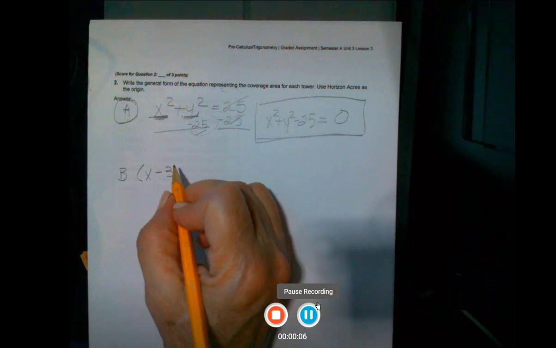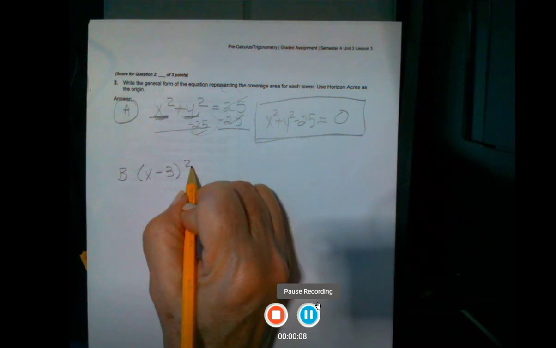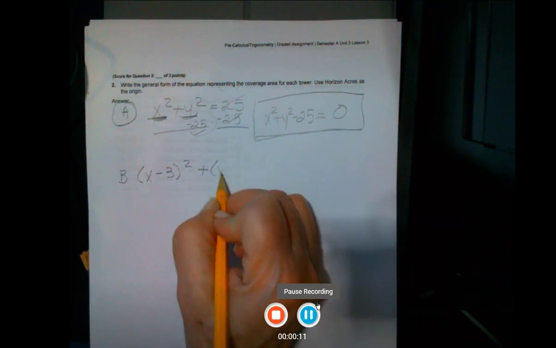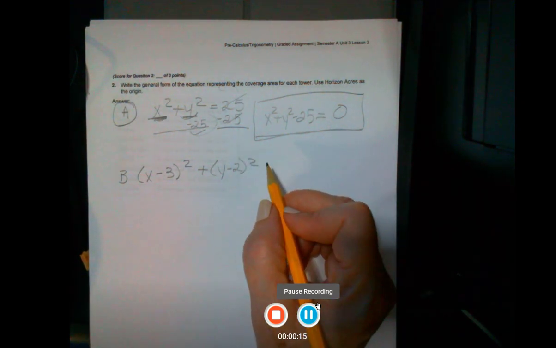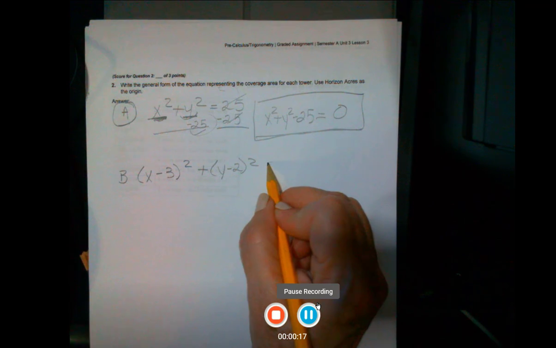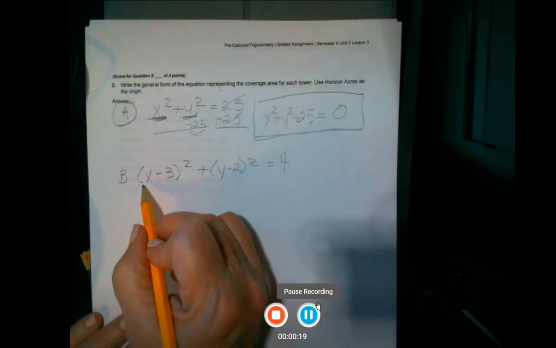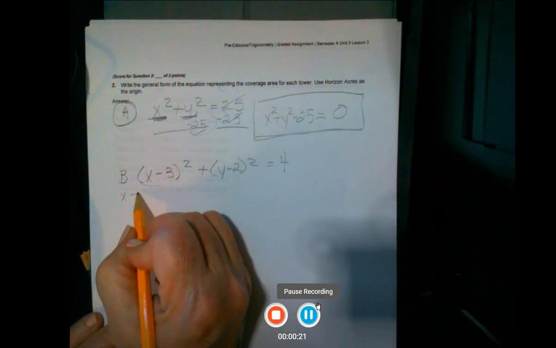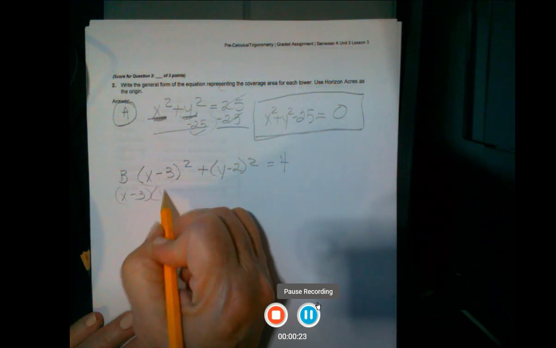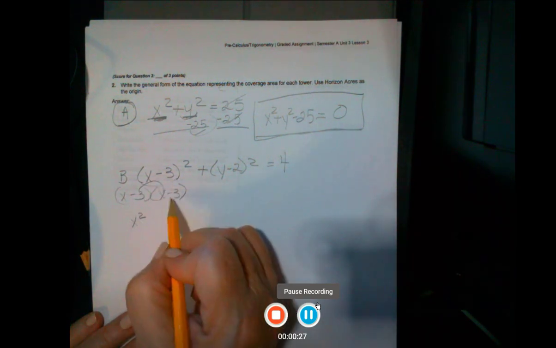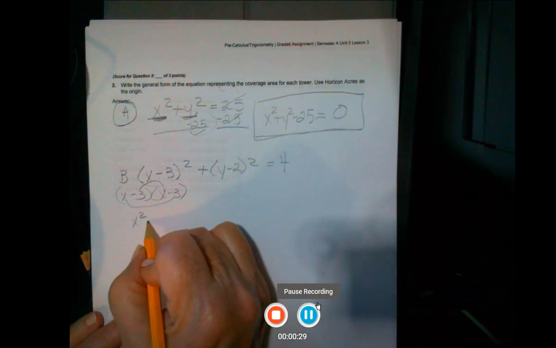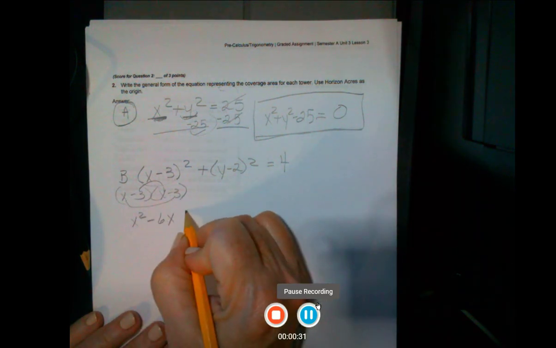Hold on, let me flip this around. x minus 3 squared plus y minus 2 squared equals 4. So we're just going to FOIL this out. X minus 3 times x minus 3 is x squared. We're going to have negative 3x plus another negative 3x is negative 6x.